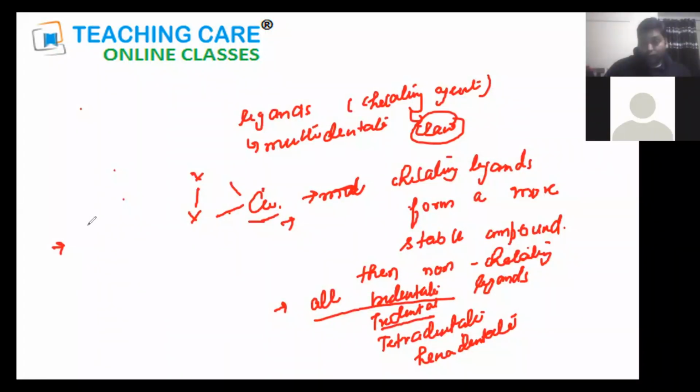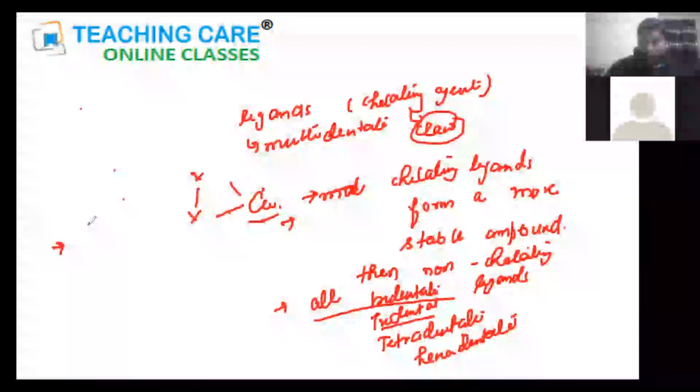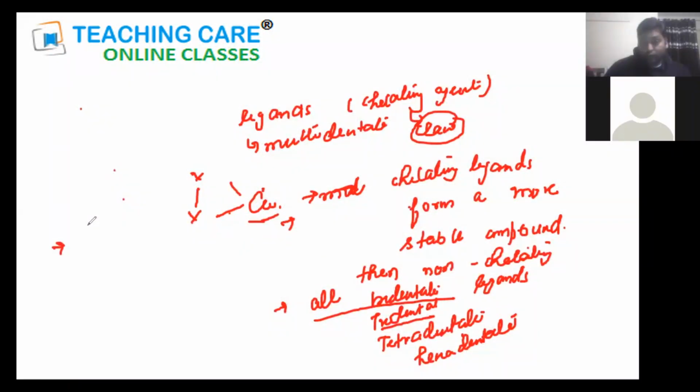Okay. The next point is that a larger ligand forms an unstable coordination compound as compared to a smaller ligand.